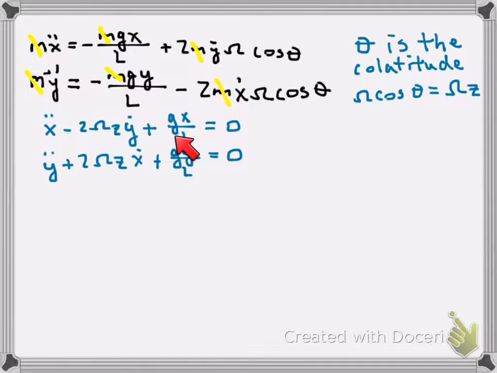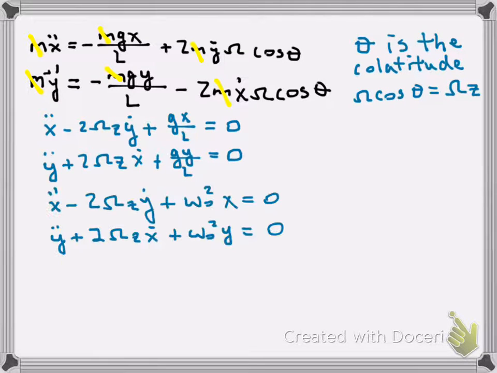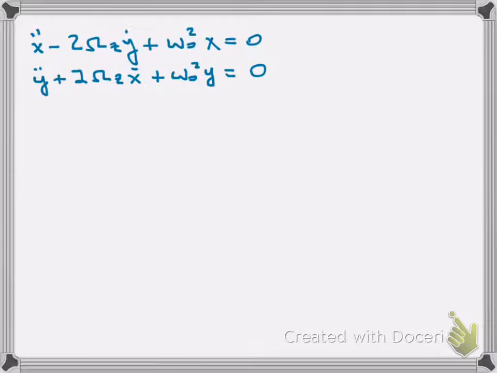Furthermore, since g over L is omega naught squared, we can rewrite this whole expression as x double dot minus 2 omega z y dot plus omega naught squared x equals 0, and y double dot plus 2 omega z x dot plus omega naught squared y equals 0. And so we have our differential equations to solve. So let's write those equations on the next slide. This is what we're left with at this point to solve.